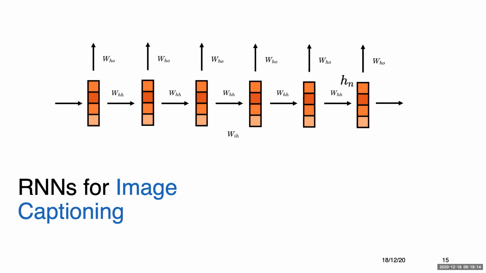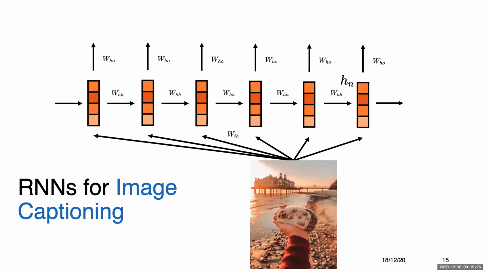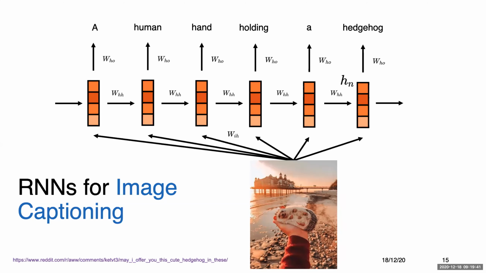In this example, you can take a picture and feed the network with the picture. You can either use the pixels or some sort of encoding of the picture, and then you use these to condition the network. The output label in this case could be, for example, a textual representation of the picture. So you can train the network in this way.